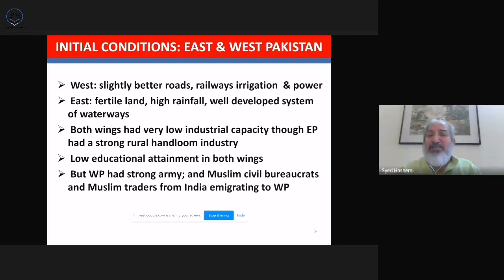Also, in terms of the Indian civil bureaucracy, when the Muslims migrated to Pakistan in 1947, they generally all migrated to West Pakistan. So the civil bureaucracy was dominated by West Pakistanis. Also, in terms of businesses, most Muslim traders from India went to West Pakistan. And very few, the Isfahanis, for example, came to East Pakistan.